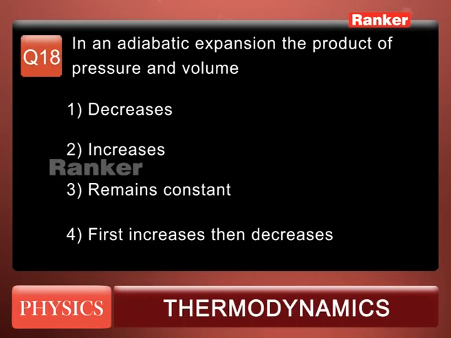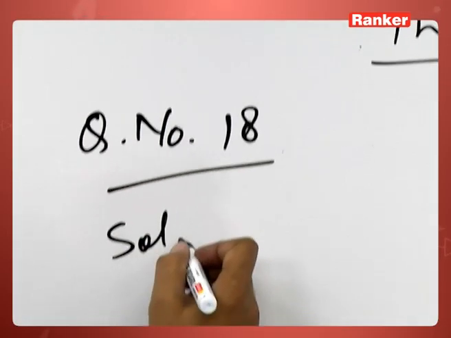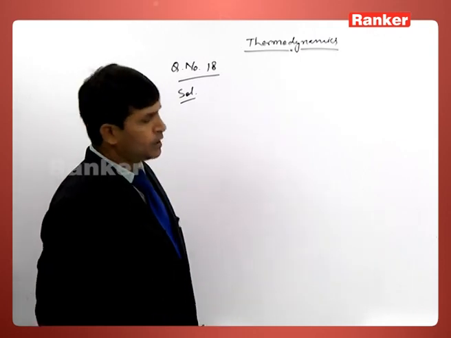Question number 18. In an adiabatic expansion, the product of pressure and volume: first option decreases, second option increases, third option remains constant, and the fourth option first increases and then decreases. They are asking about the product of pressure and volume.